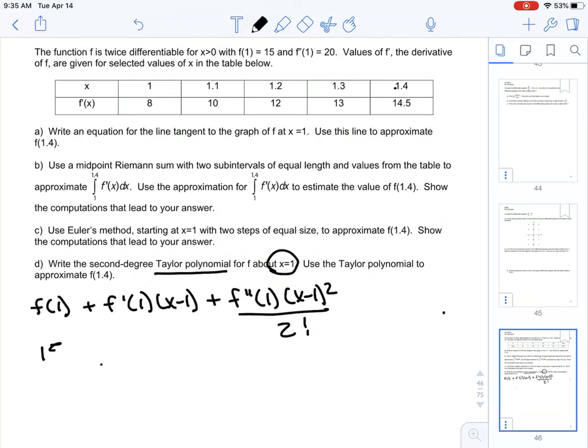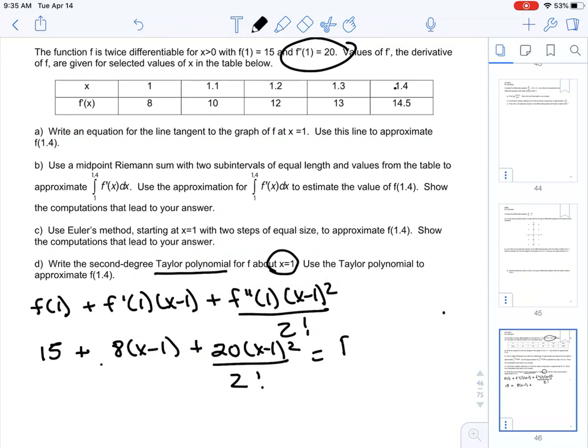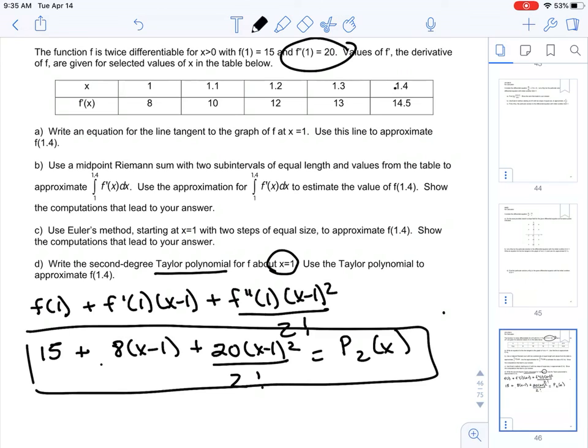So now I'm going to plug in all the information. F of 1 is 15. F prime of 1 is 8. F double prime of 1, notice that was the value they gave us here, is 20. X minus 1 squared over 2 factorial. So this would be your second degree polynomial. Then it says use this polynomial to approximate f of 1.4.